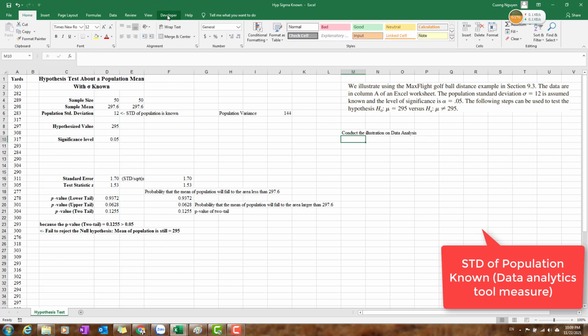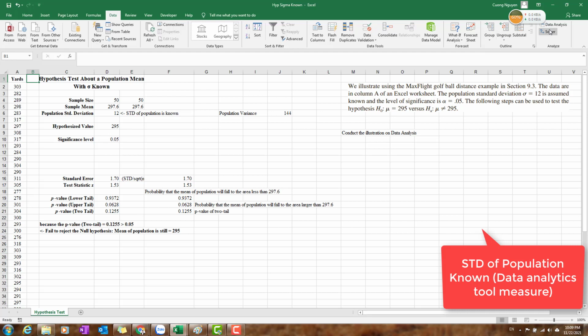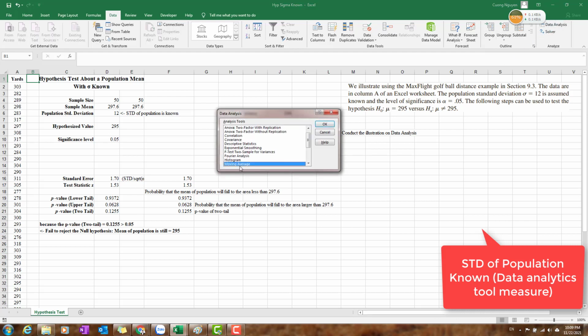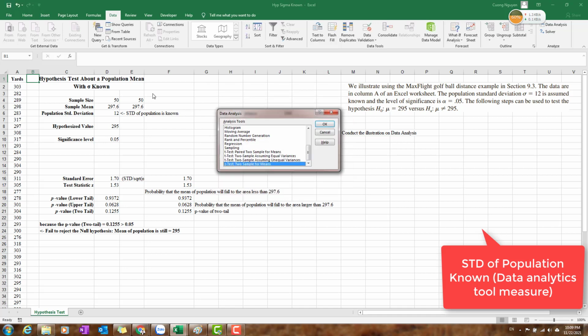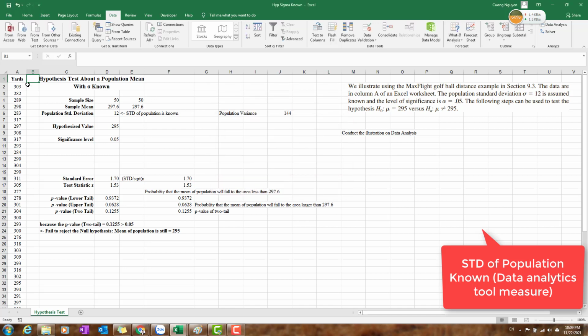Okay, so how do we do it? With the Data Analysis button, we have the z-test two sample for means, and we need two variables, variable 1 and 2, when we really don't have another variable.